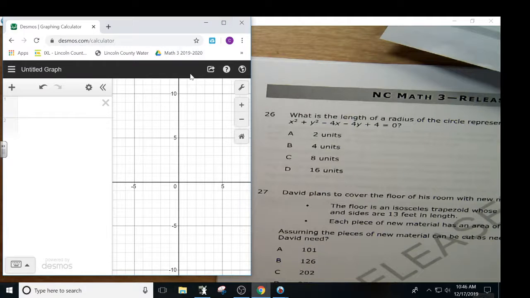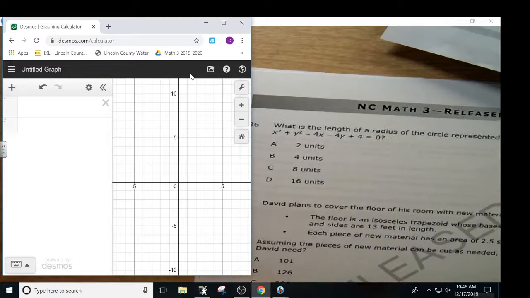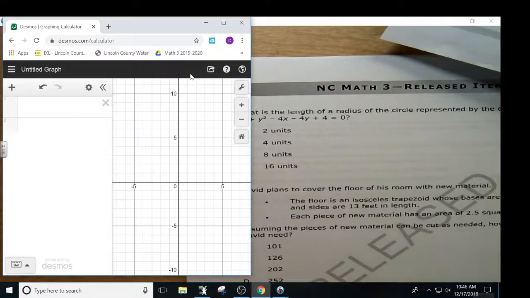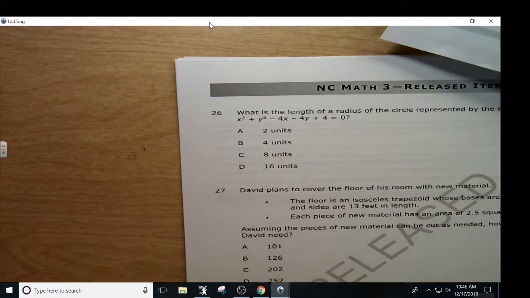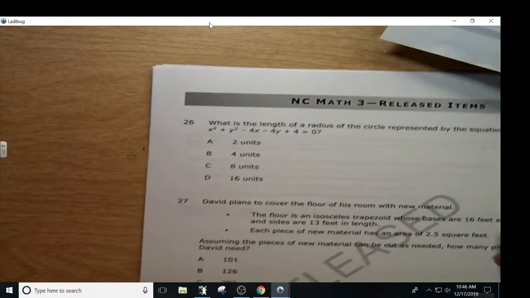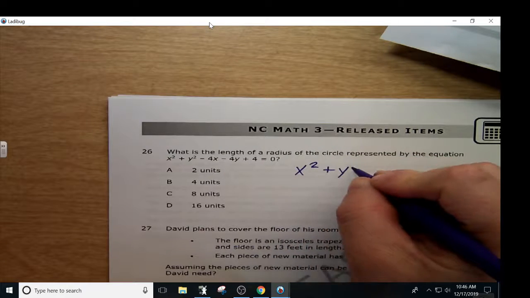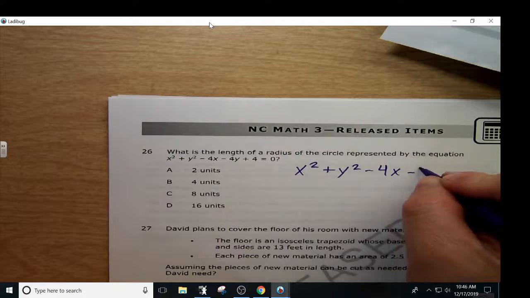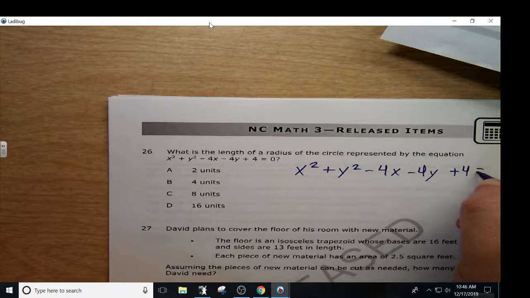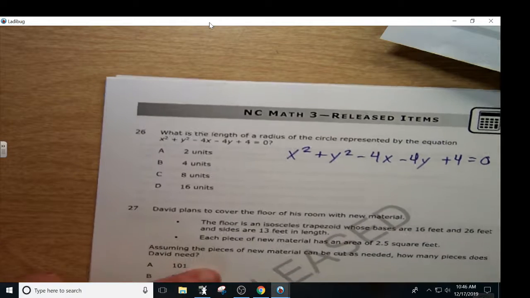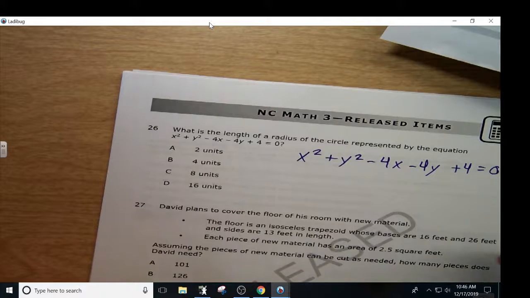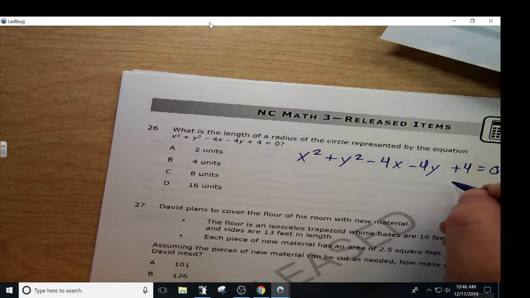So guys, what you're going to do? Does anybody remember how to complete the square? All right. I'm going to show how to do it, guys. Like I said, I don't know if you guys will remember. First thing you're going to do is keep your variables on the left side and get your constant over here.